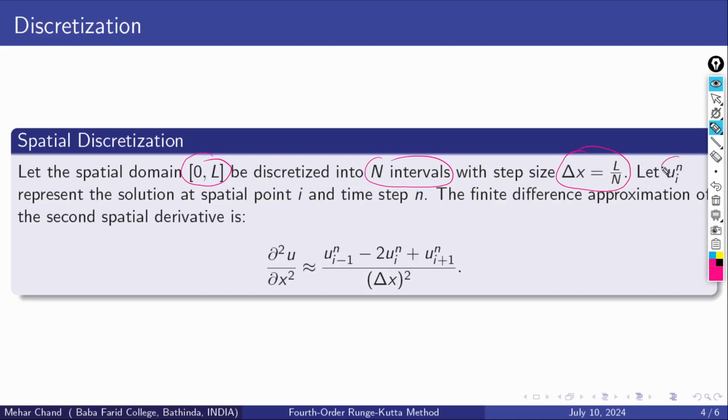Let u_i^n represent the solution at spatial point i and time step n. Then by finite central difference approximation, the second spatial derivative del 2u upon del x square is approximated by (u_{i-1}^n minus 2u_i^n plus u_{i+1}^n) upon delta x square.